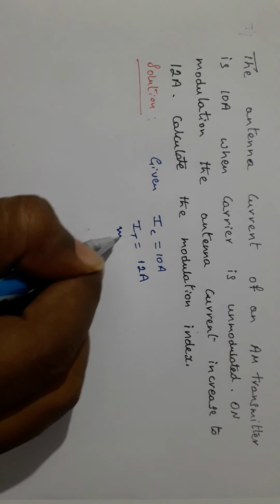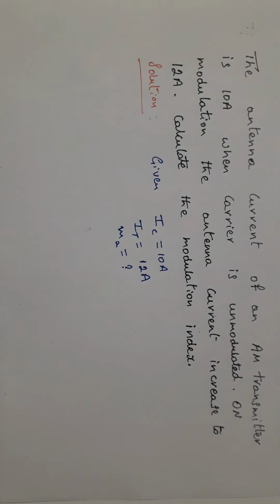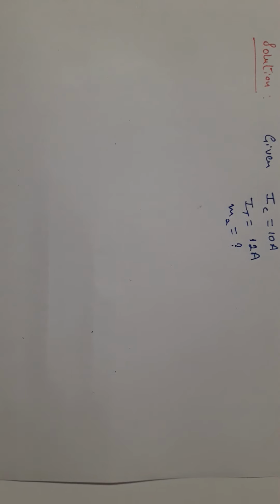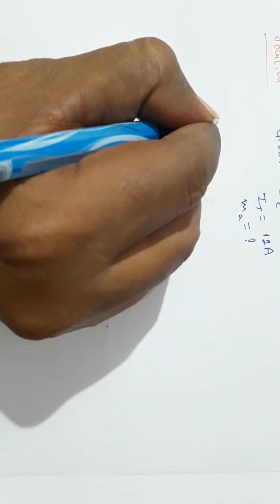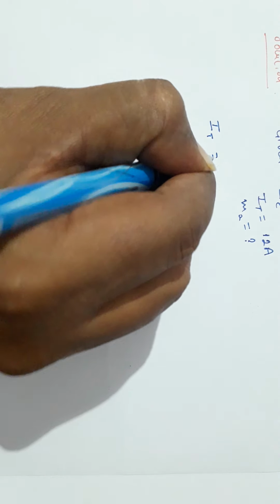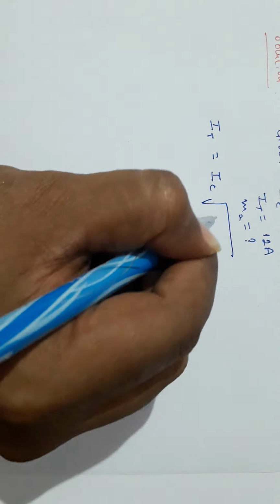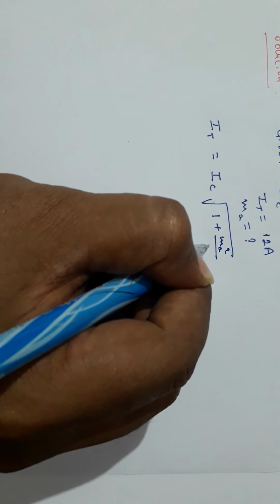We must calculate the modulation index Ma. We know It equals Ic into square root of 1 plus Ma square divided by 2.